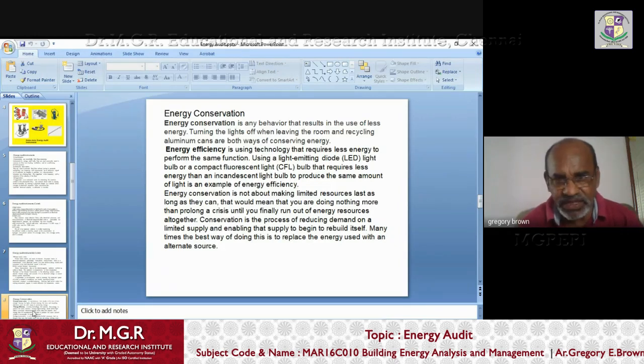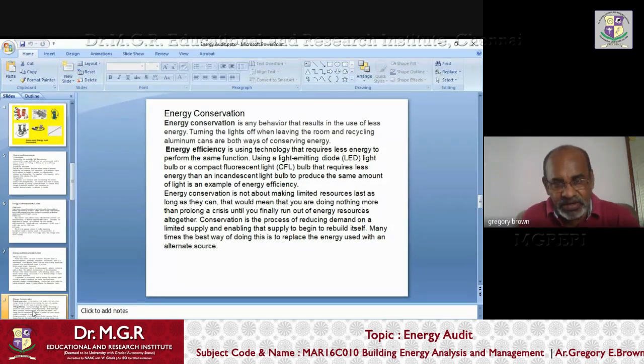Or recycling things. You might have heard of the 3 R's: reduce, reuse, recycle. These responsibilities of ours will help in conserving energy. On the other hand, what is energy efficiency? This is using technology that requires less energy to perform the same function.